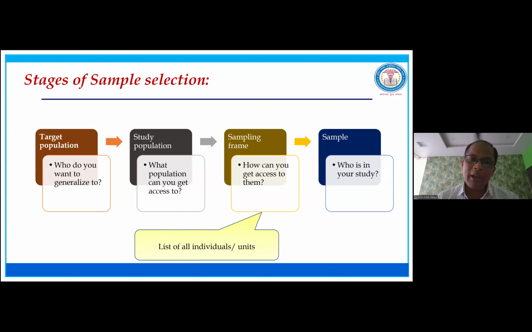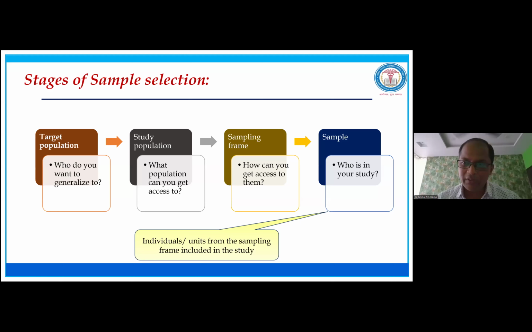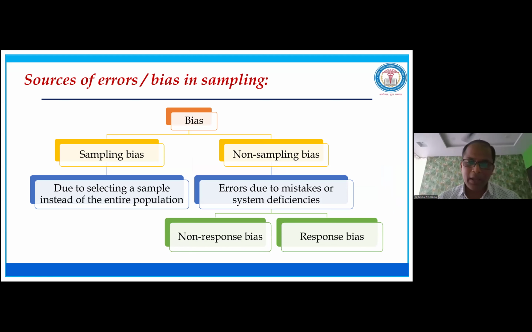So the sampling frame may be equal to the study population or may be part of the study population, from which we are going to select our study participants for our sample. So the sample is the final small group of people or individuals or patients from whom we are going to collect our data based on our objective.